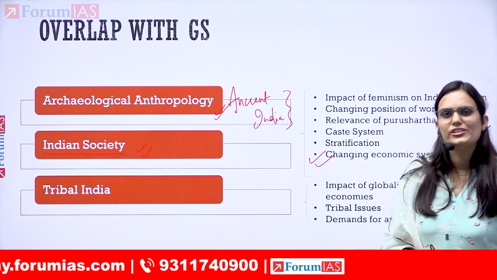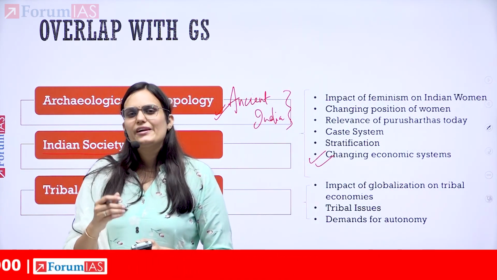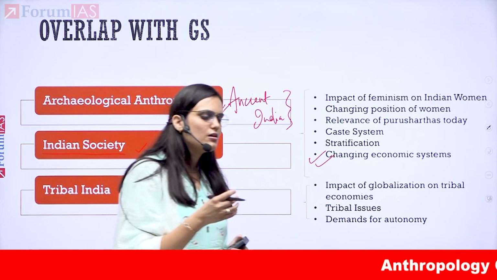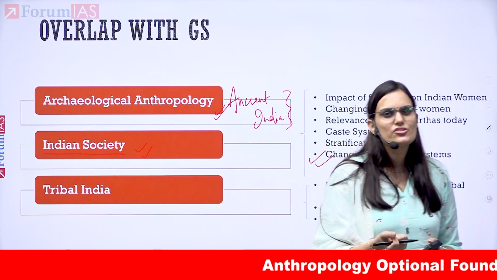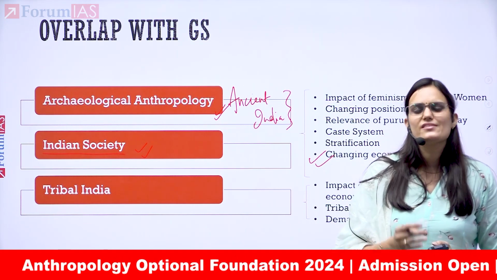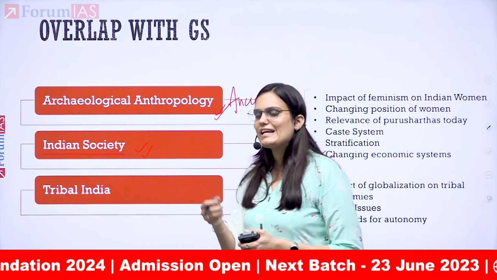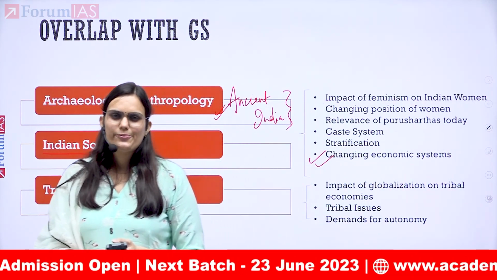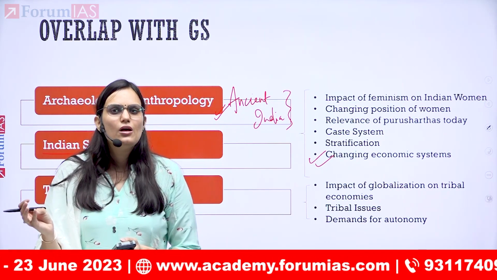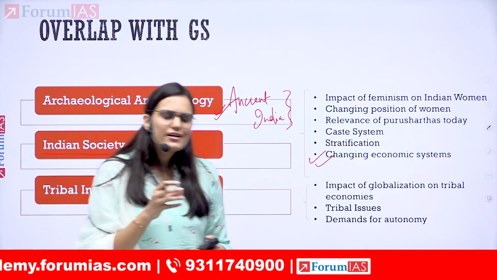The third part or the third overlap is with tribal India. So tribal India is part B of paper 2 in Anthro, where we talk about firstly the biogenetic classification of the tribals and then extensively discuss the problems of tribal communities, the protections accorded to them by the Constitution, the PESA Act, the LARR Act, the FRA Act, etc. So you'll get to know how different tribal communities function, what is their way of life, what is their subsistence method, what are the current issues they are having.